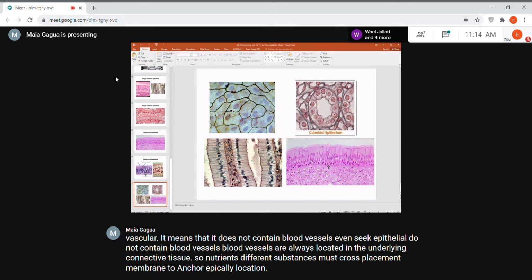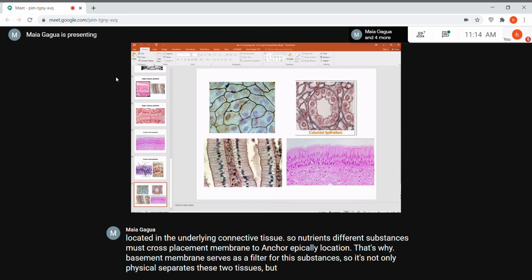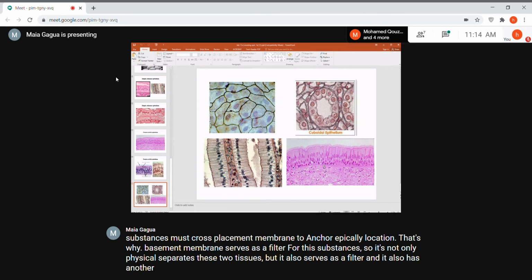That's why basement membrane serves as a filter for these substances. So it not only physically separates these two tissues, but it also serves as a filter. And it also has other important functions, and you will study this in the next lesson.